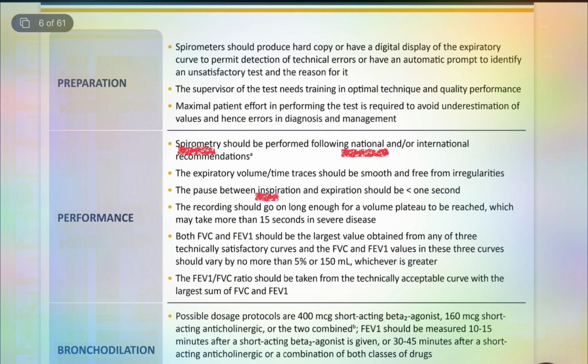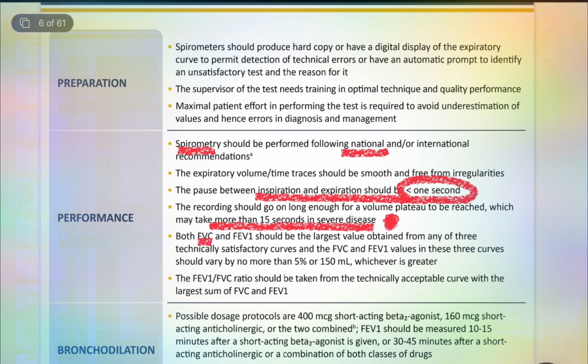The pause between inspiration and expiration should be less than 1 second. Very, very important part. The recording should go on long enough for volume plateau to be reached, which may take more than 15 seconds in severe disease. So very, very important, it should go long enough.